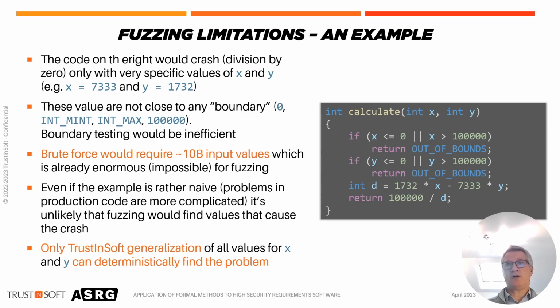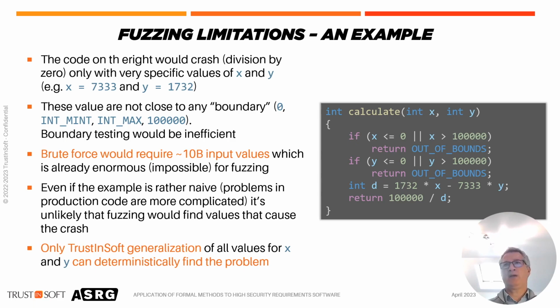But in that particular case, even if the code is naive, it's a good representation of a real-life situation. The values that can cause a problem are not around the boundaries. They may be sometimes, but not always. And there's very little chance that the fuzzer can find a value that would cause a division by 0 in that case.